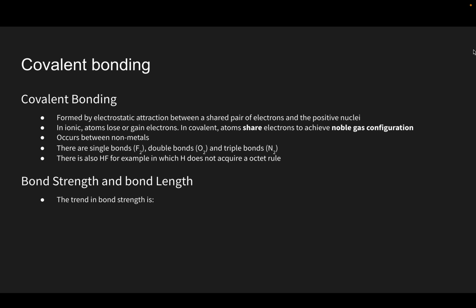Then there are some tendencies that you have to know in covalent bondings. They are bond strengths and bond lengths, and here you can see them. The trend in bond strengths is that a triple bond has a higher strength than double, and double has a higher strength than single. And the trend in bond lengths is that a single bond is longer than double and double than triple.